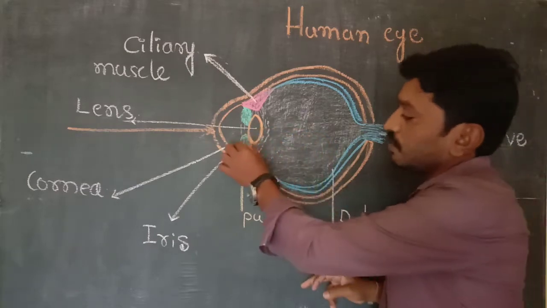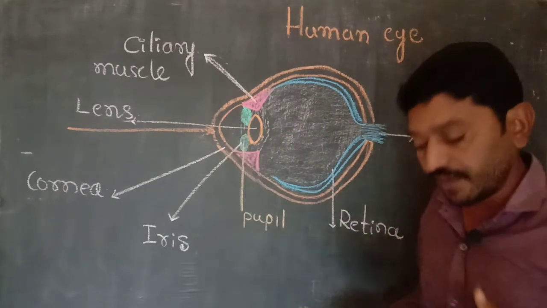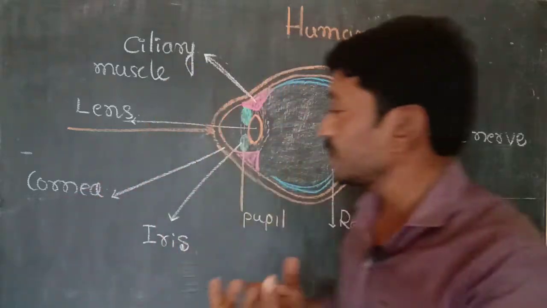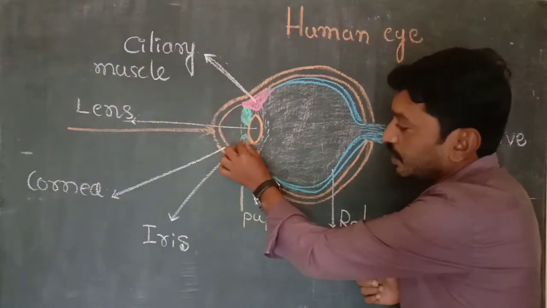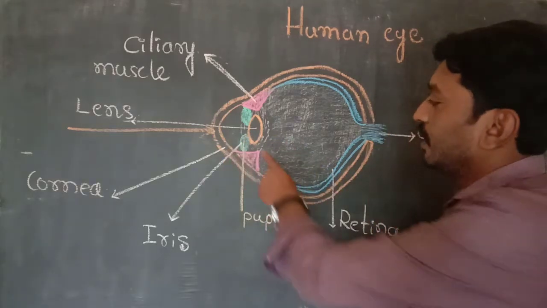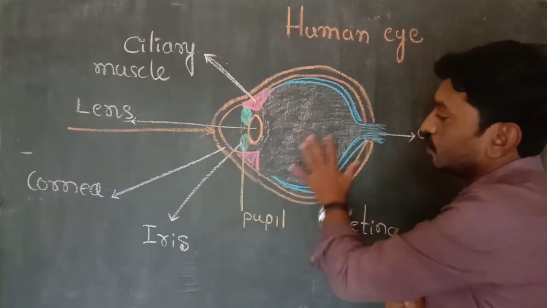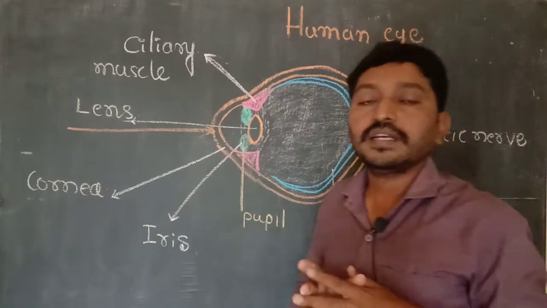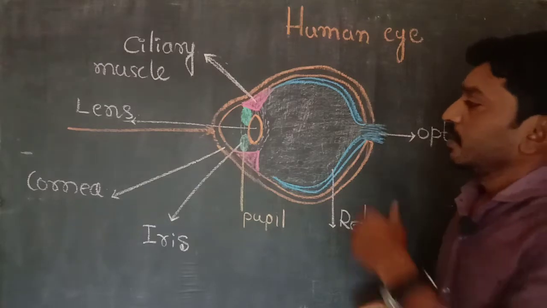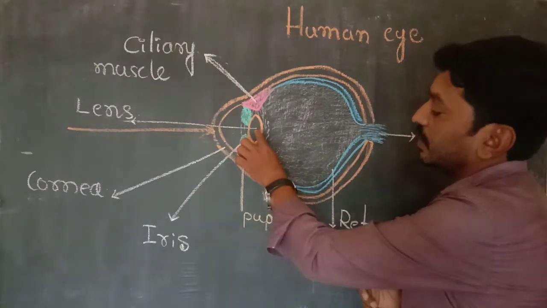Distinctive color means sometimes you may have seen a person with green eyes. It has different colors. That's why sometimes the whole eye becomes green in color. It is the main effect of what? The iris.